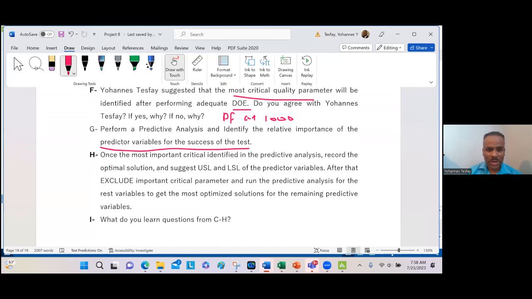Okay, once the most important is identified, record your optimal solution. I already showed you how to set upper specification limit and lower specification limit. So what do you learn from C to H? Overall, that DOE is very important. Very important, you understood.